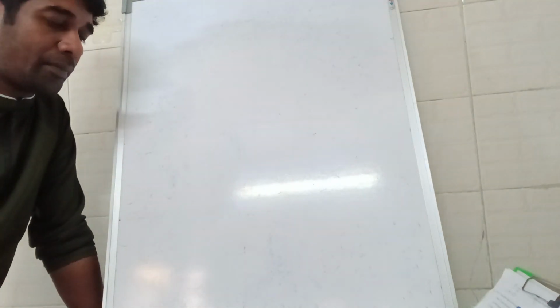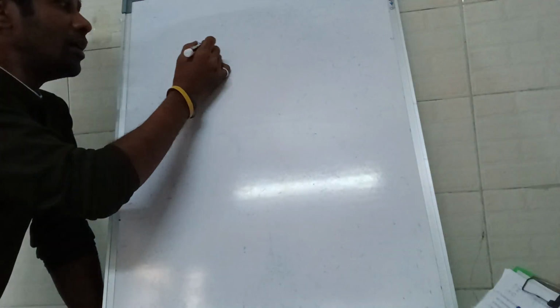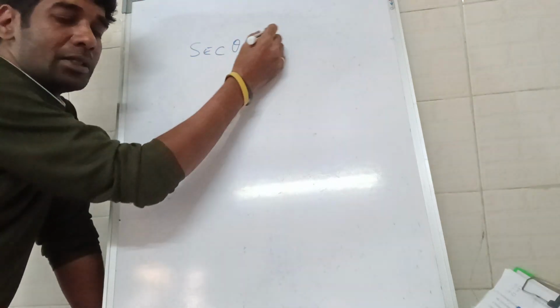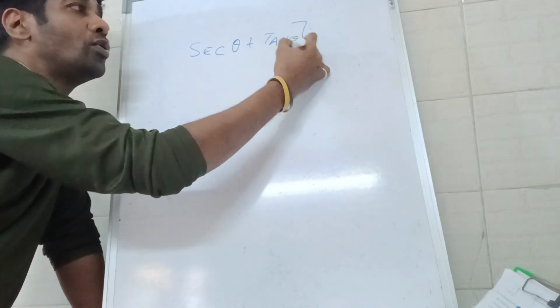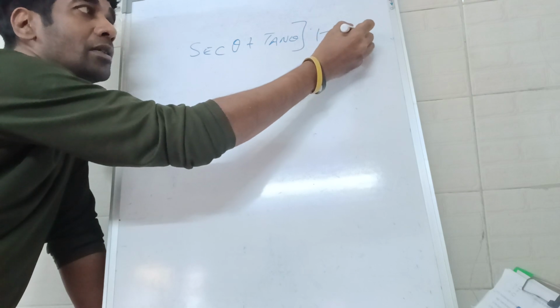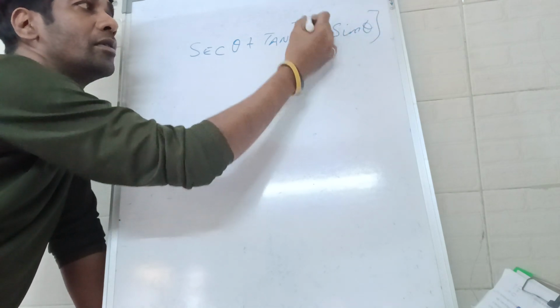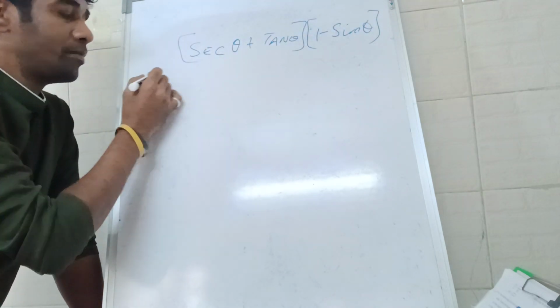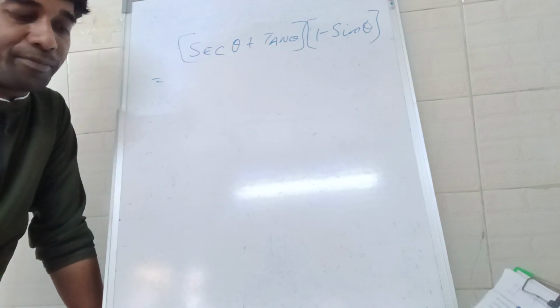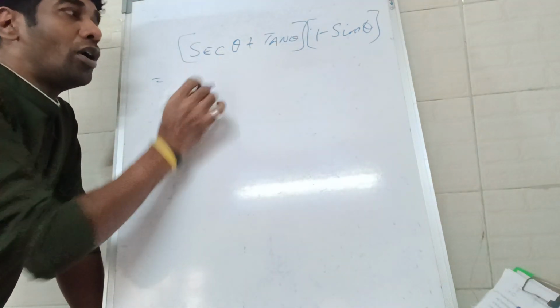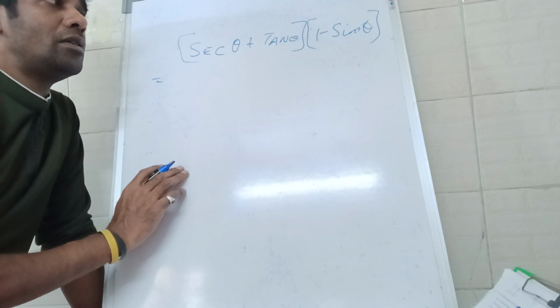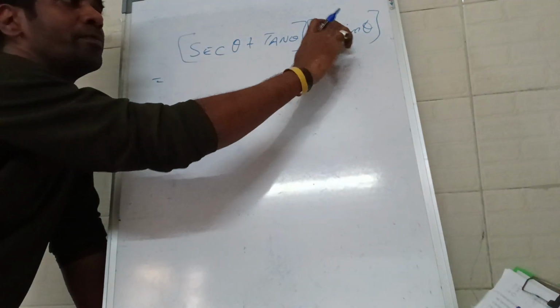Next question. Simplify sec theta plus tan theta into 1 minus sin theta. Trigonometric sum. Convert all into sin and cos.